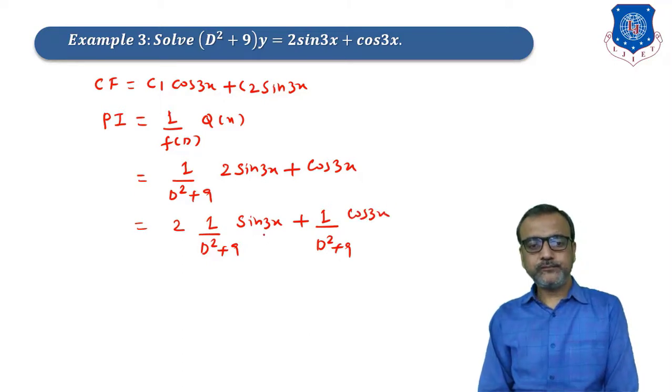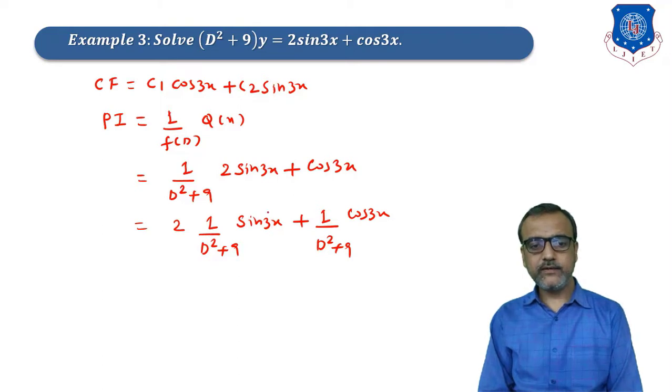Now here the value of a is 3 and 3 square is 9, and we will replace D square by minus 9. If we replace D square by minus 9, in the denominator we have minus 9 plus 9 that equals 0. So directly we cannot put the value of D square equals minus 9.